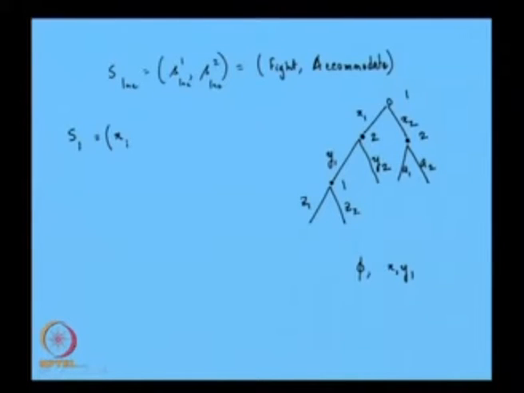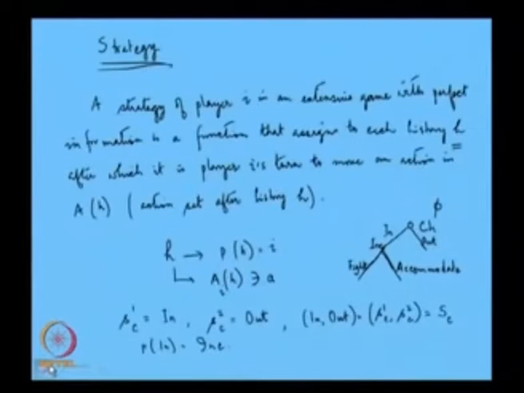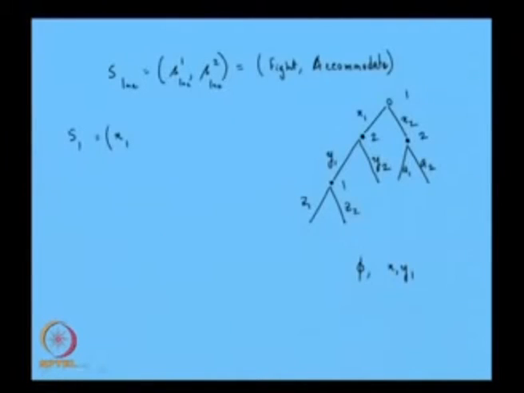But that is not the end of it. He also must specify what is the action he is going to take after x1, y1 has happened. Because if you remember, a strategy assigns to each history h after which it is player i's turn to move an action in the set A(h). So, now if x1 y1 is the history, he has to say which action he is going to take.